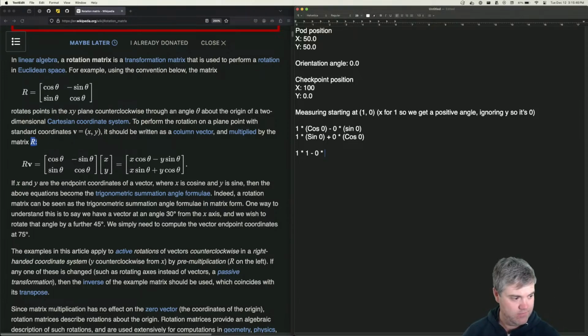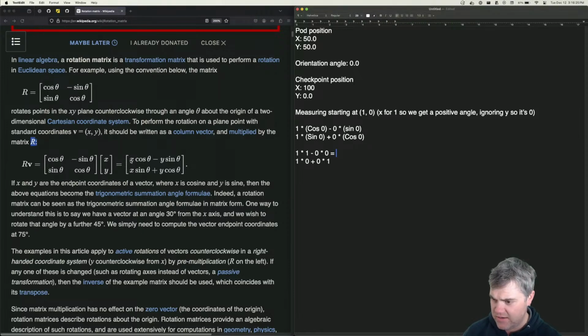Sine of 0 is 0. Okay, so 0. And then 1 times 0 plus 0 times 1. So that would be 1. So 0 times 1. We solve for both of those. And then that obviously becomes 1 minus 0.